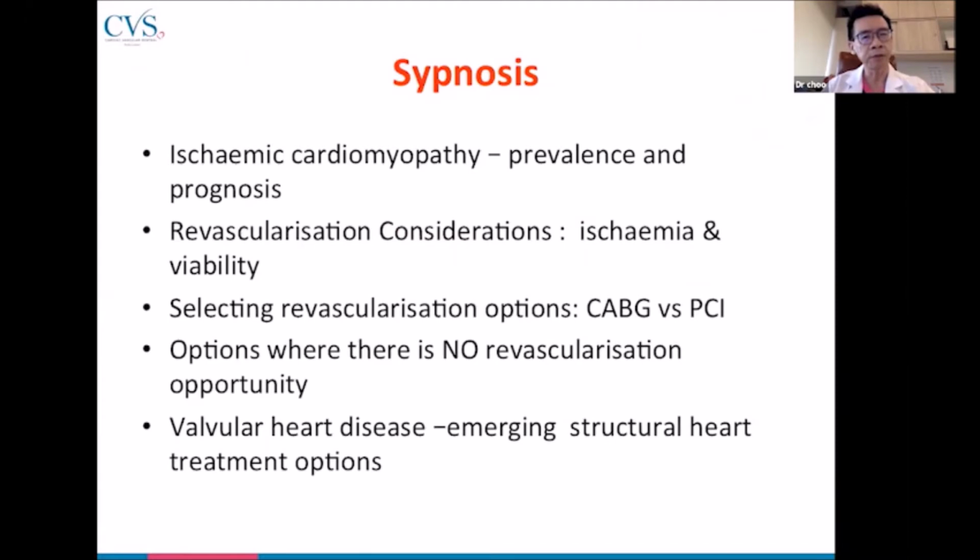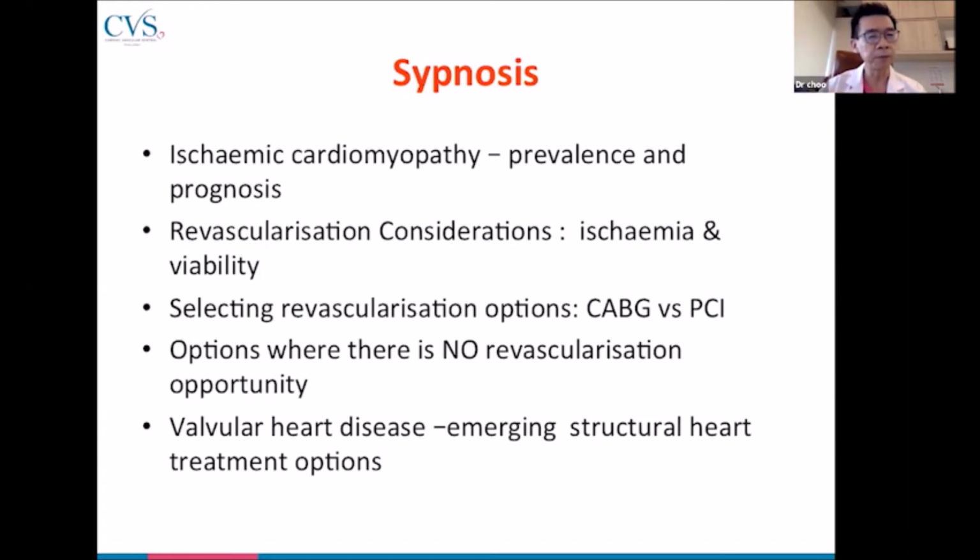Now, in a very short 15 to 20 minutes, I just want to emphasize again to define what we call ischemic cardiomyopathy and the prognosis associated with it. Then some concepts about the importance of looking for the presence of ischemia and viability. And once we decide that the patient is suitable for revascularization, we talk about the considerations to choose between coronary bypass surgery and percutaneous coronary intervention.